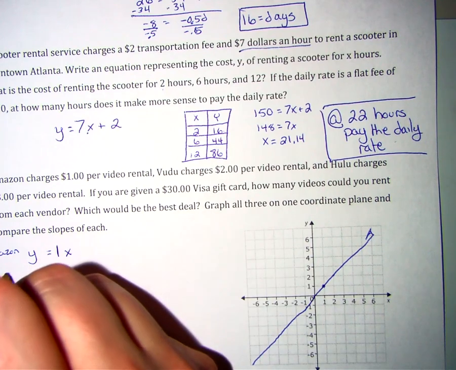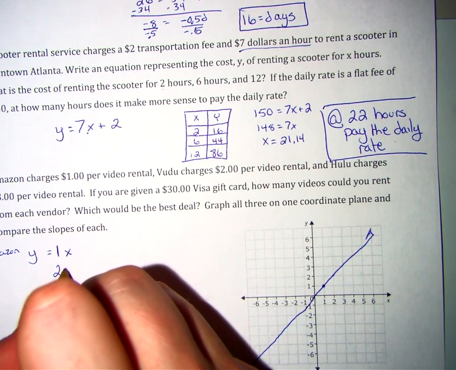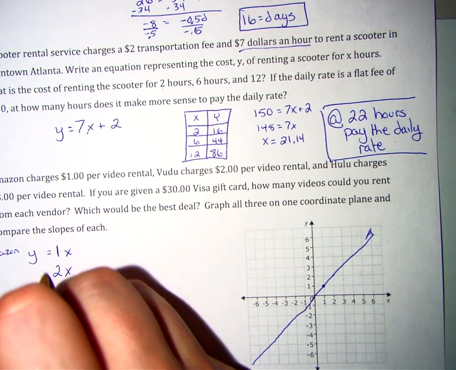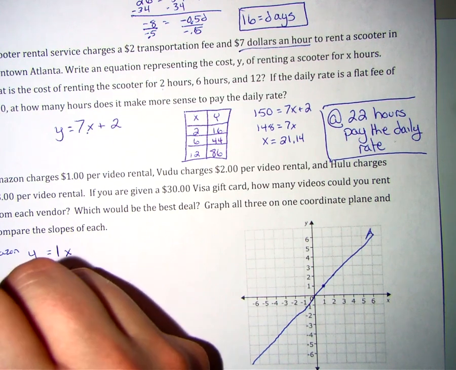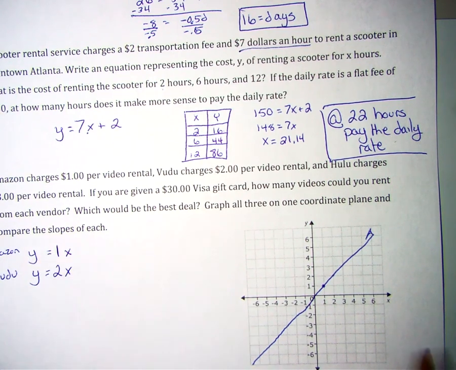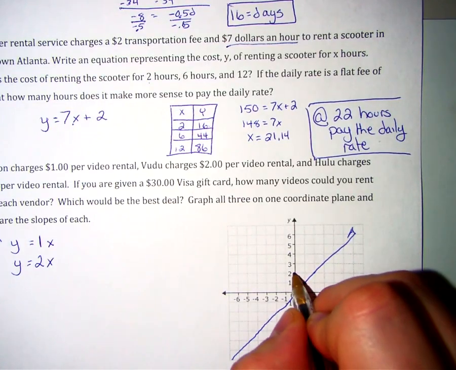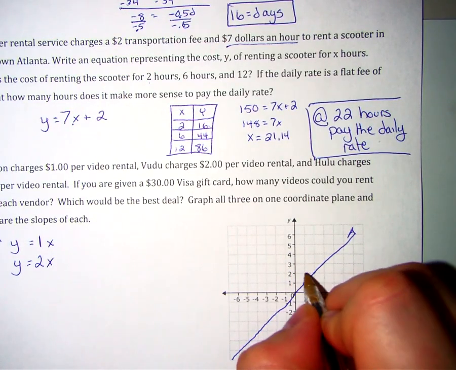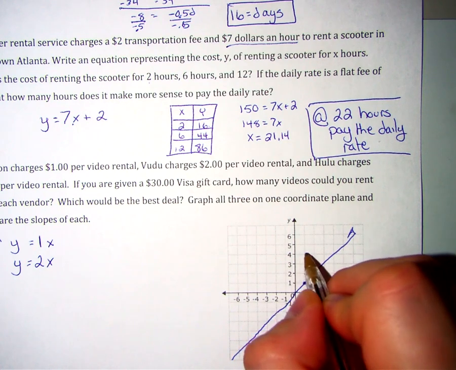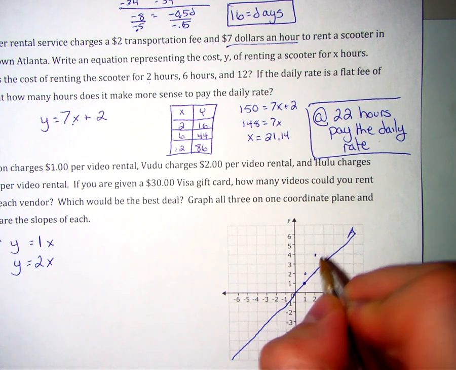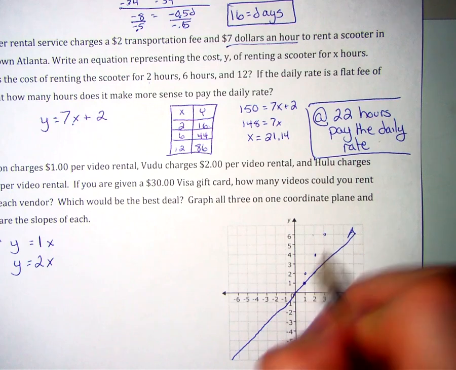Vudu charges $2 per video. Well, that's $2 for each video. And so again, I'm going to graph this, where now that will be up 2 over 1, up 2 over 1, up 2 over 1.